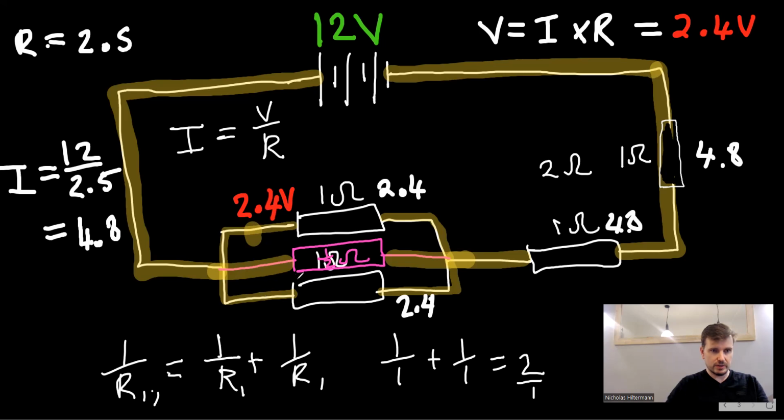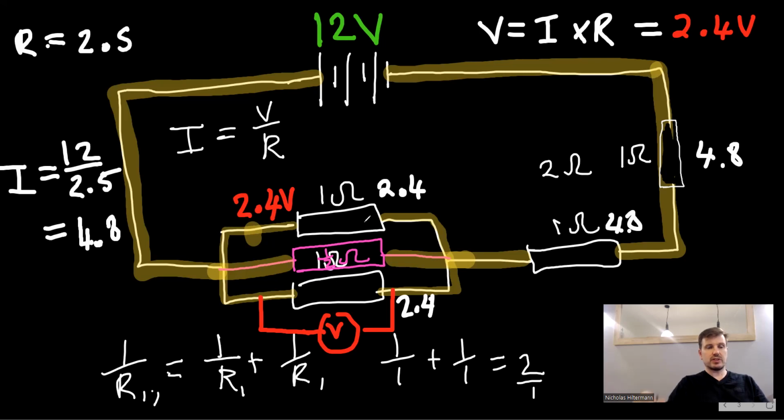So if I was to combine this, well, that makes sense, right? My voltmeter reading here would be 2.4, regardless of if I measured it over this one or this one.